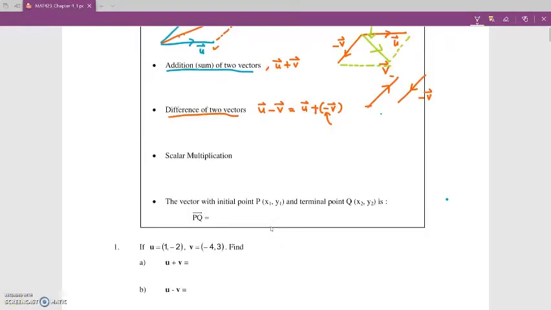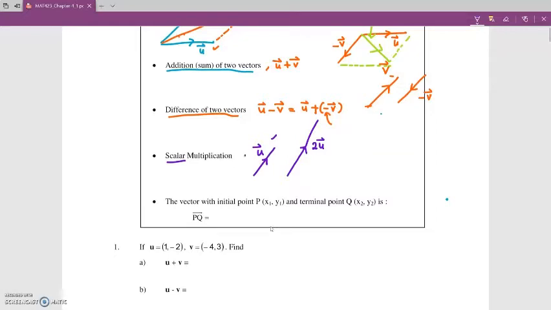We move on to scalar multiplication. If you have vector u, scalar multiplication means the vector is multiplied with a scalar. So if the magnitude is twice the original vector, we have vector 2u.